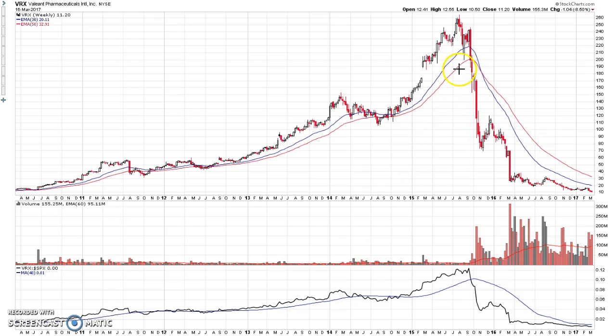For example, when Valeant broke down below the 30-week moving average in late 2015, this is where problems started surfacing for the company and exposing major issues with the way they were raising prices on drugs.